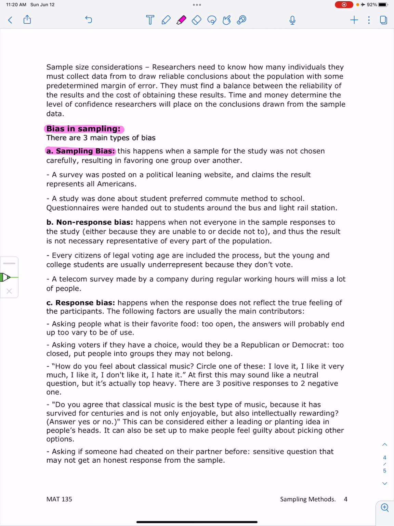So it is important that we choose our sample carefully and try to get a representative of the population as a whole.